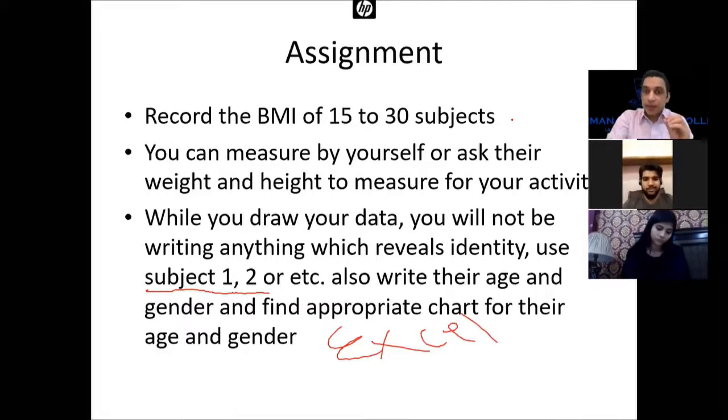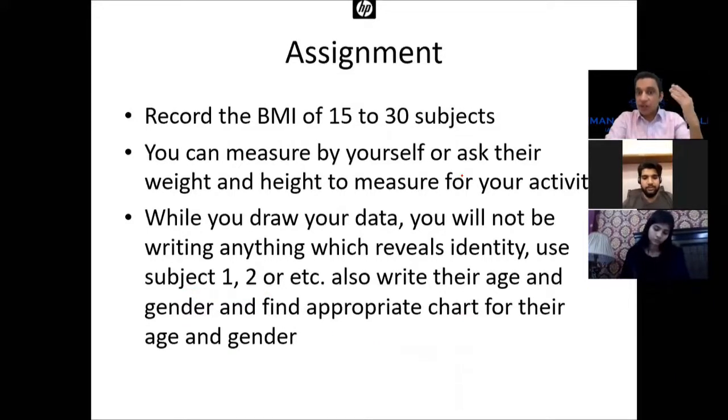What you can do is that you can separate the data of the males and the females. So you can imagine what the differences are between the BMI of the males and the females for your brainstorming. You can separate the data based on the age of the different people.